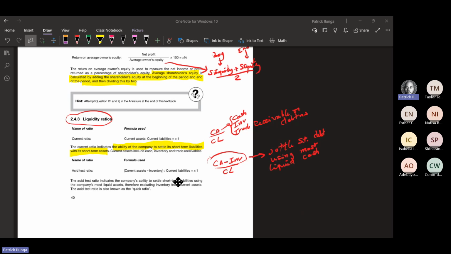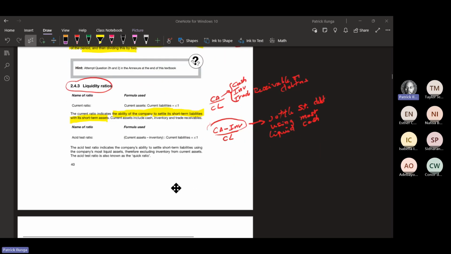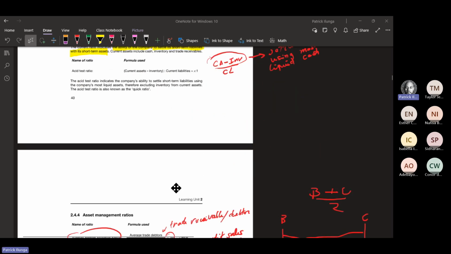But remember again, the purpose here is to settle those short-term liabilities, but we can make it even more precise. We can do an even better test, which is the acid test, where we remove the inventory to just make sure how much liquid cash is there that can allow us to settle our current liabilities, right?